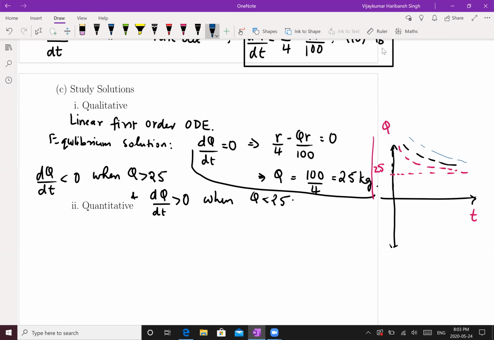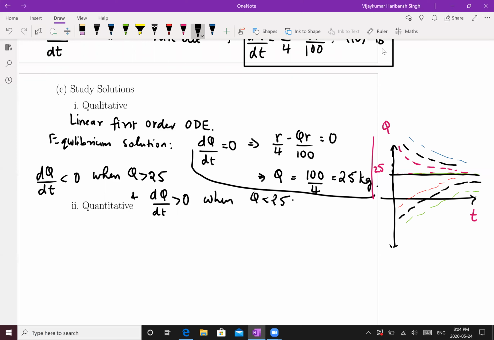And if Q is less than 25, the solutions will look somewhat like this, going towards the equilibrium solution. These different color pens are different solutions, and this is your equilibrium solution. Let's darken it with a different color pen. So this is how qualitatively the solution will look.